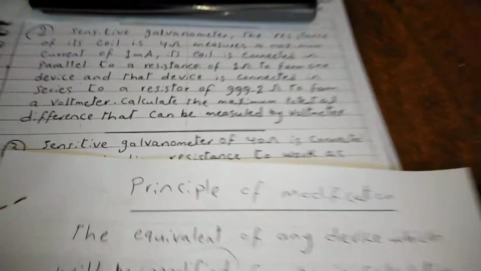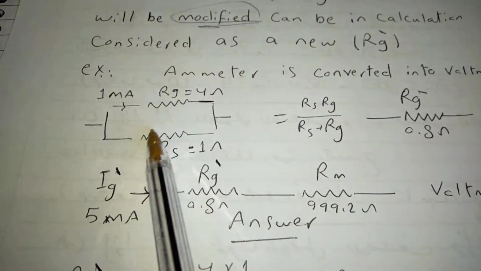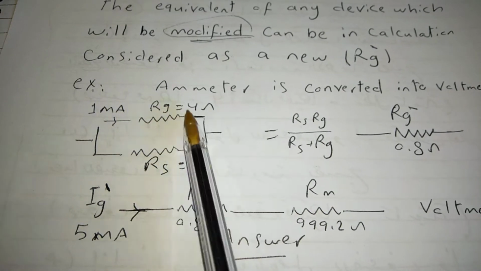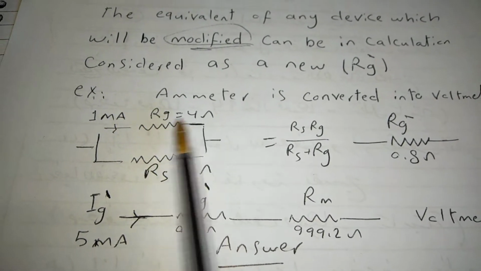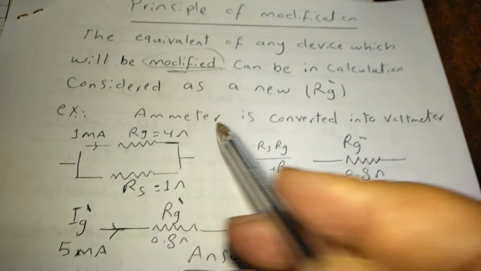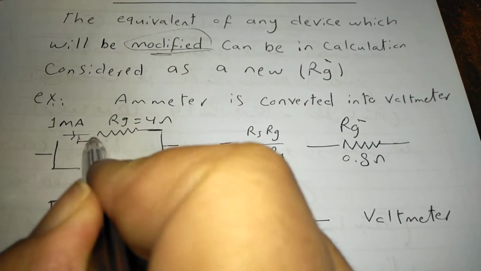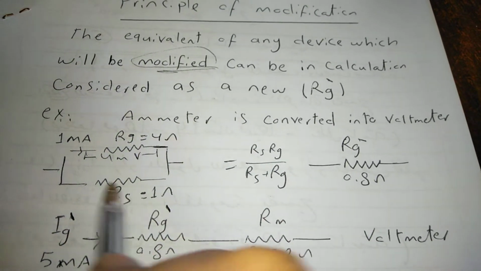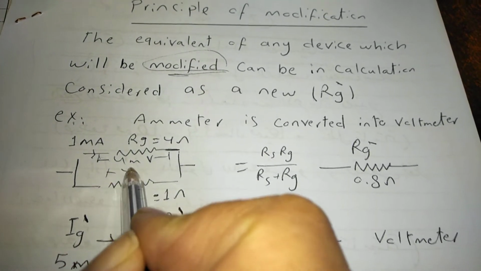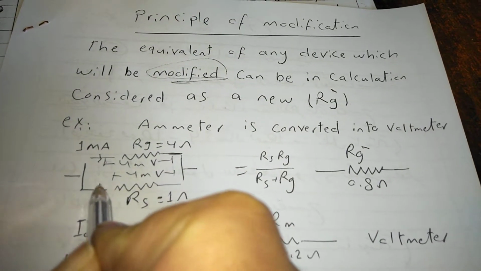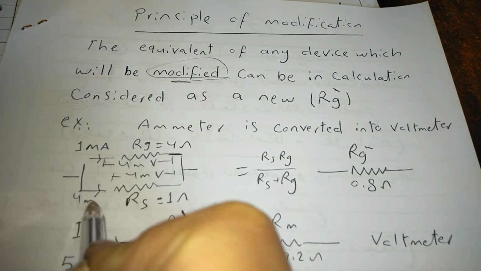Here we have to apply the principle. To calculate the current of RS, since the voltage of the parallel is equal, we can calculate the voltage of RG, which is 4 millivolt and constant here. So 4 millivolt divided by 1 ohm gives a current of 4 milliamp.